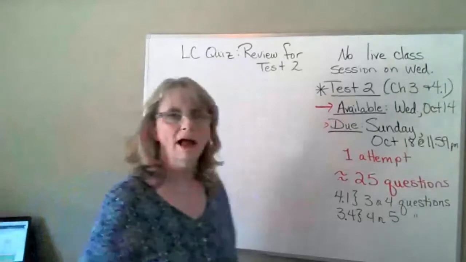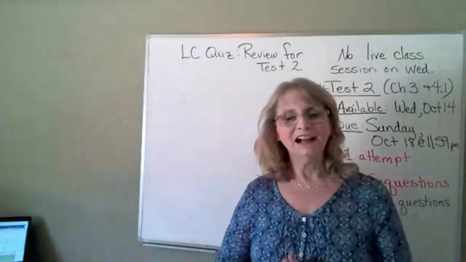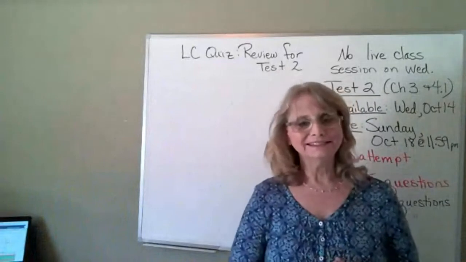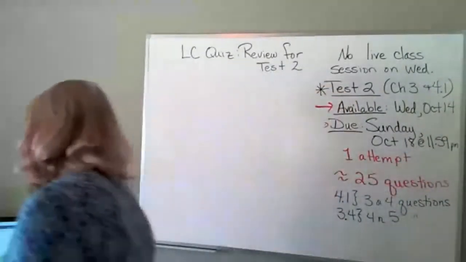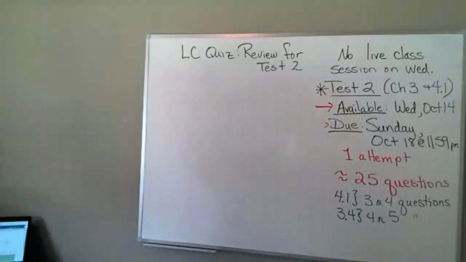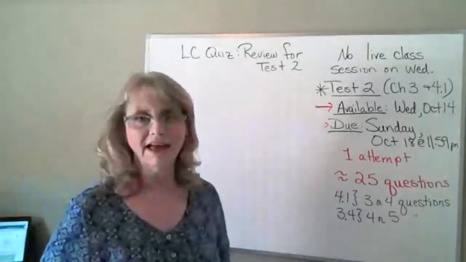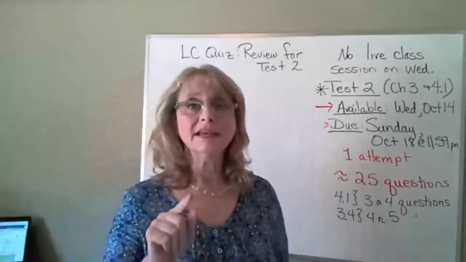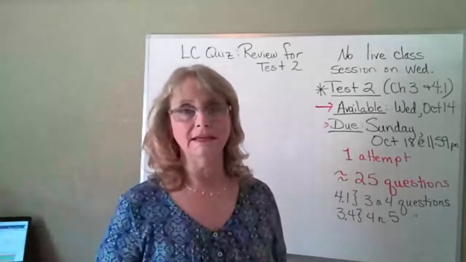Okay, question 1. Everybody with me? Hopefully you're taking this quiz with me. Question 1 says, which of the following numbers could not be the probability of an event? Okay, this time it says could not. The one in the last quiz said which of these could be.